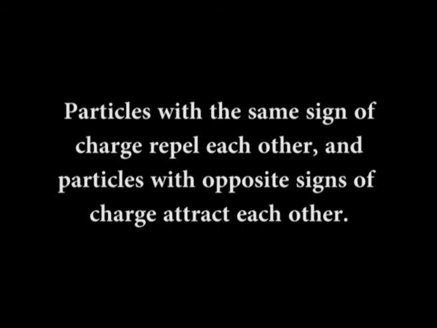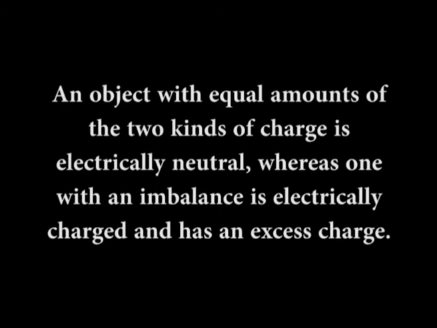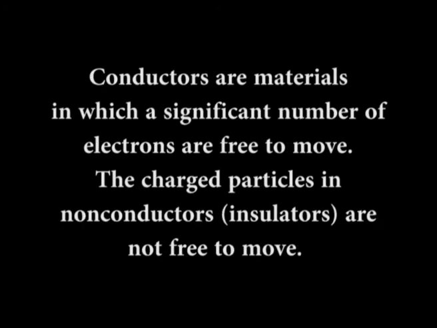Particles with the same sign of charge repel each other, and particles with opposite signs of charge attract each other. An object with equal amounts of the two kinds of charge is electrically neutral, whereas one with an imbalance is electrically charged and has an excess charge.